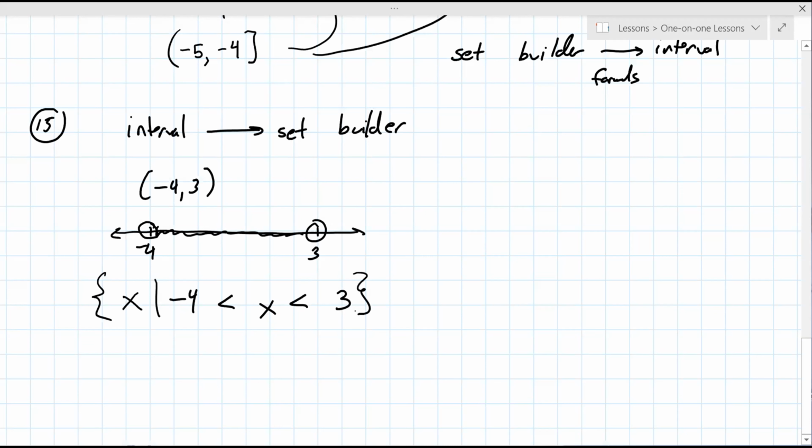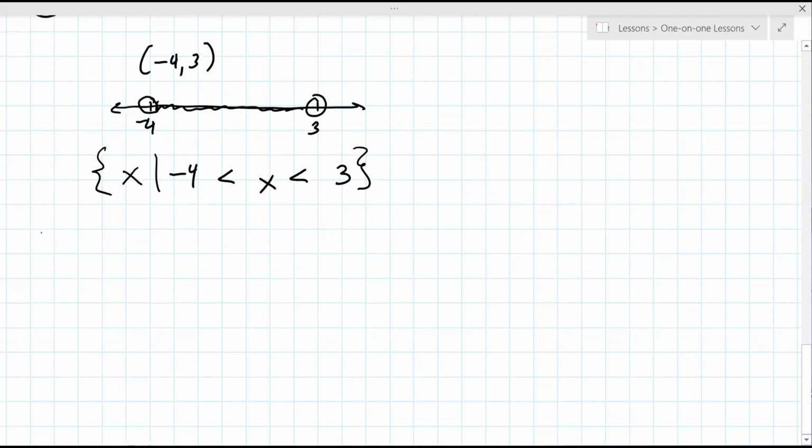All right. On number 16, I think I can do this one. Go ahead and give it a try, and I'll write the answer when you're done.